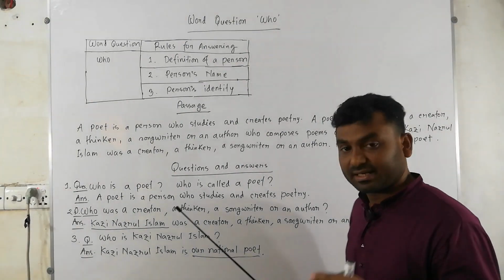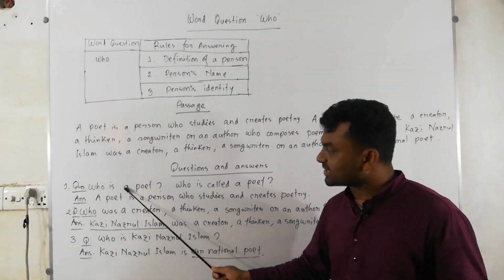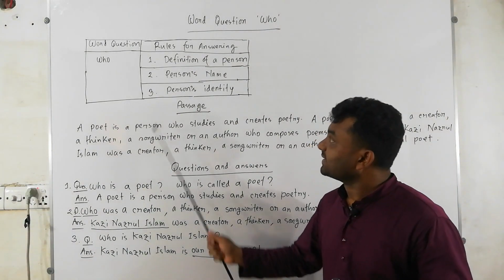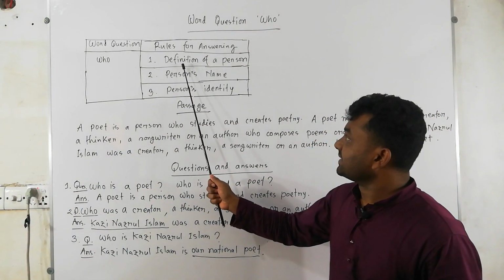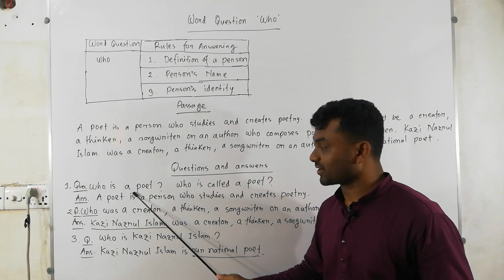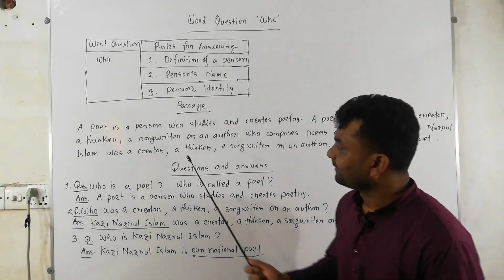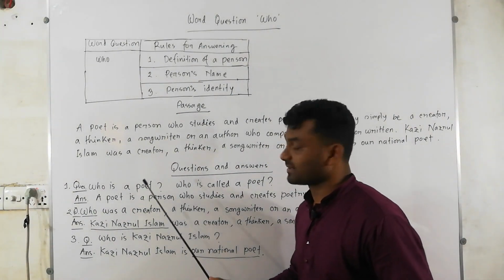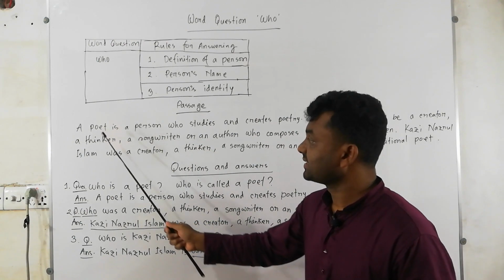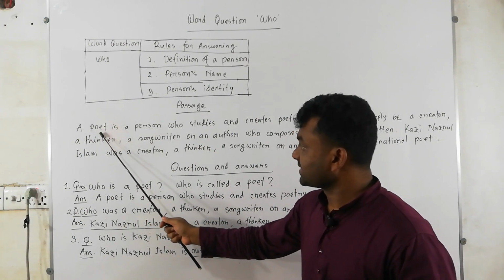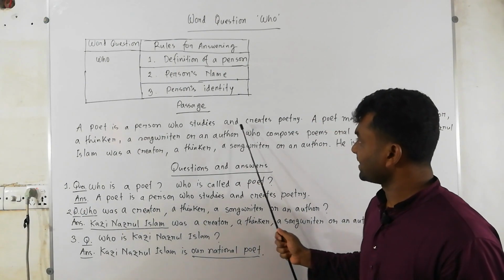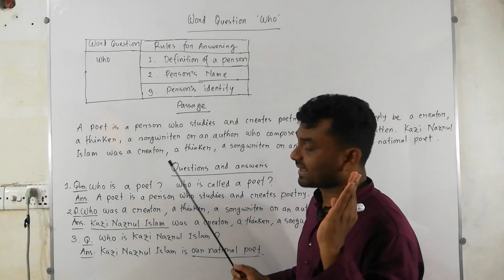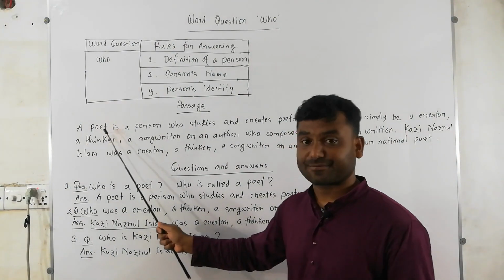By these questions, we got it: it is demanding the definition of a person, the definition of a poet. That's why from the passage, we have to take the definition of the poet. Take a look at the first sentence: a poet is a person who studies and creates poetry. This is the sentence by which you can understand. It's the definition of a poet.